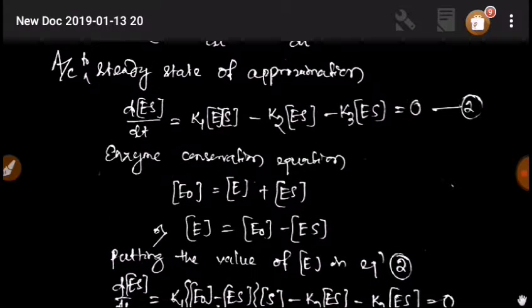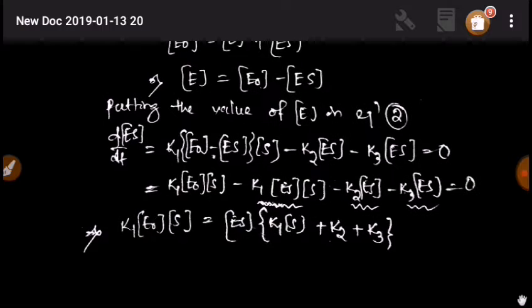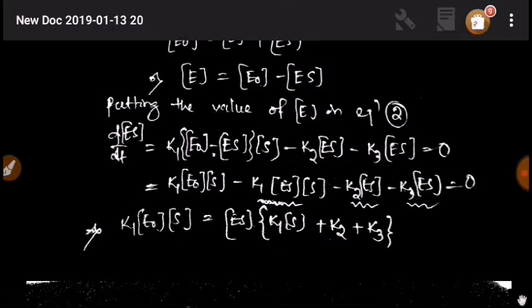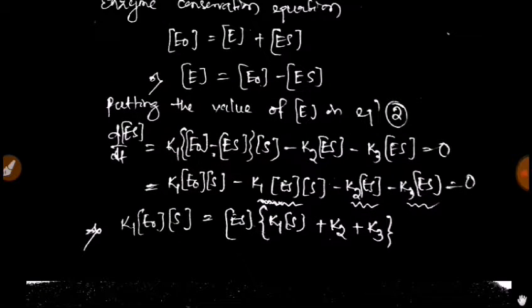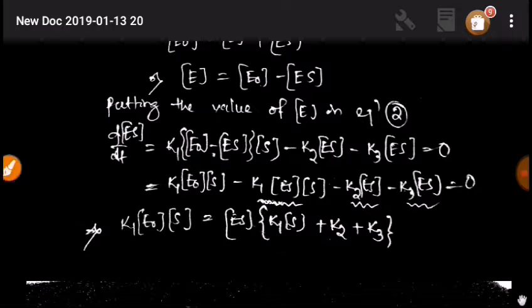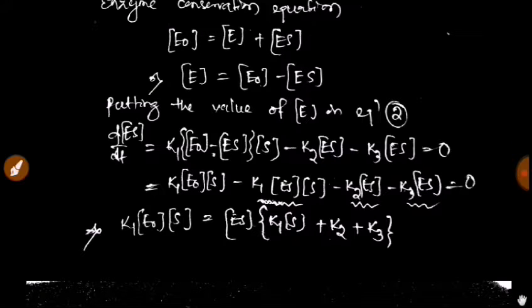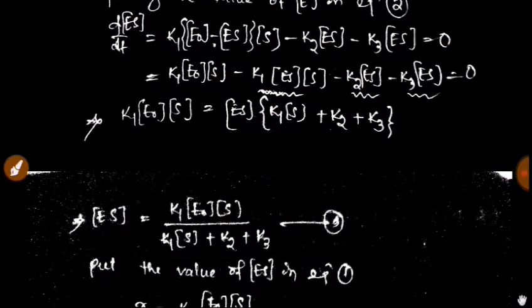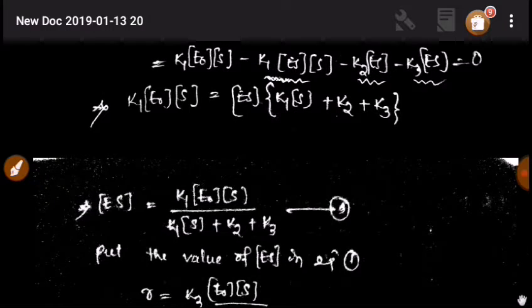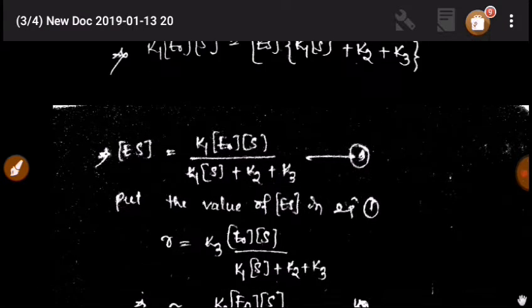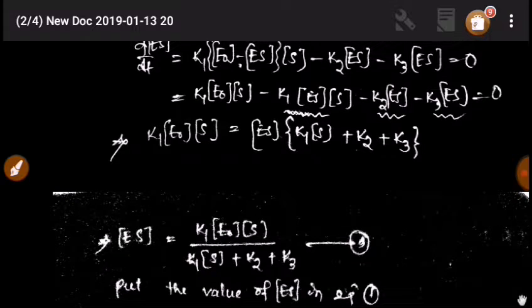Then put the value of ES in equation 1. What is equation 1? Equation 1 is r = K3 ES. Put it in equation 1.